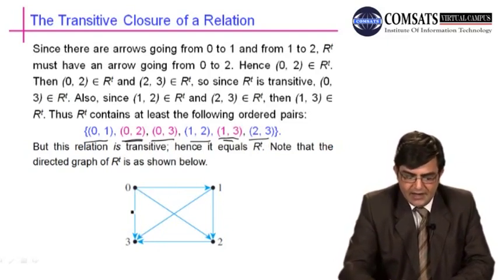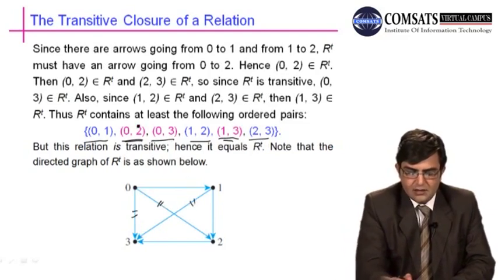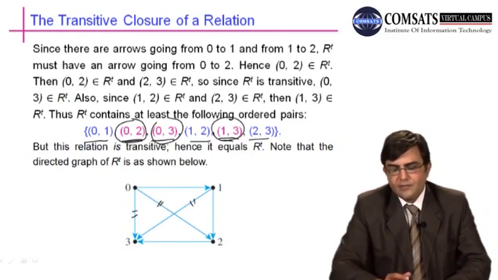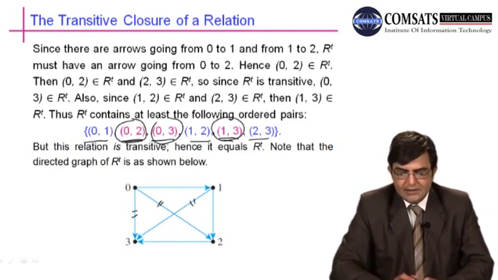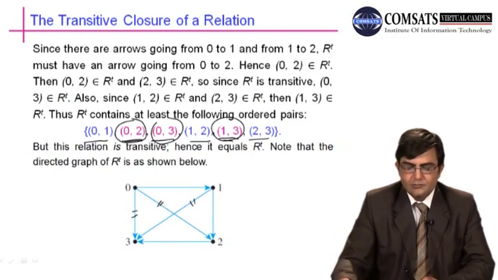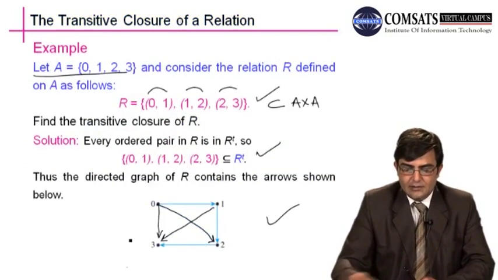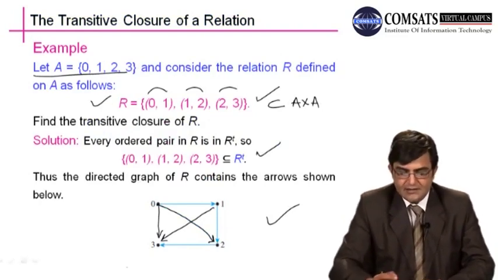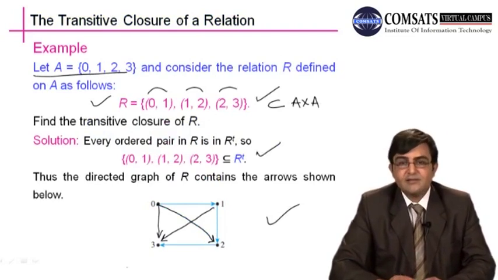If we add these three arrows, which are in red, to the given relation, which was not transitive, then this relation becomes a transitive relation.